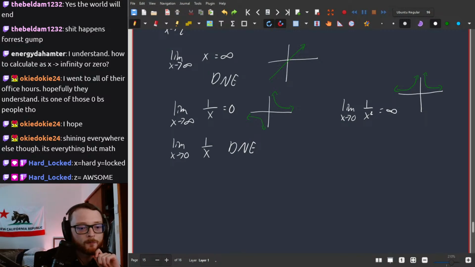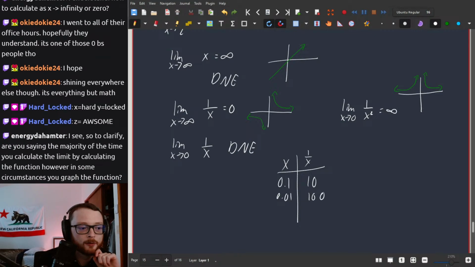And so it could even help for stuff like this to make a table of x values. So like x, 1 over x. If you plug in, say, 0.1, you're going to get 10. If you plug in 0.01, you're going to get 100.